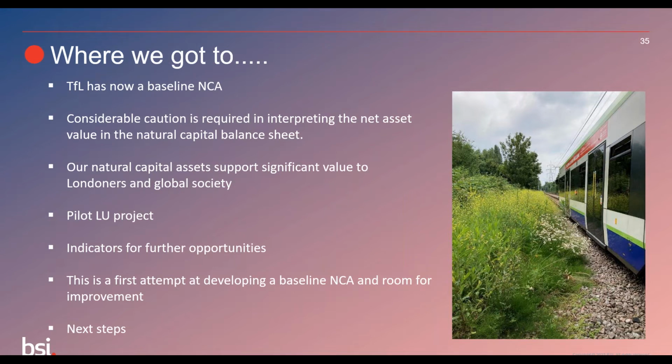While several material benefits were not fully captured in the account values, the analysis has identified indicators that can help TfL identify further opportunities, manage synergies, and trade-offs between different benefits from our natural capital assets.